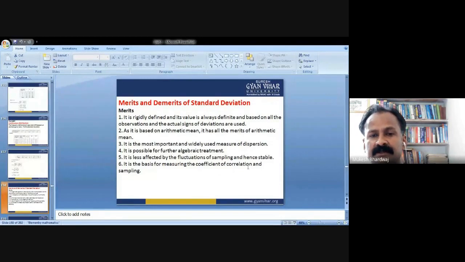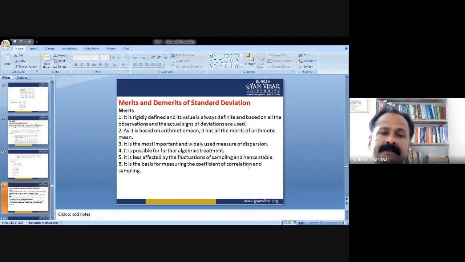Why or where it is going to be used, I'll let you know when we start probability. There, the standard deviation is required. So it is possible for further algebraic treatment. It is less affected by the fluctuation of sampling and hence stable. It is the basis for measuring the coefficient of correlation and sampling.